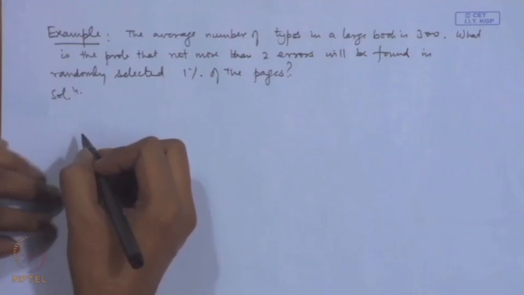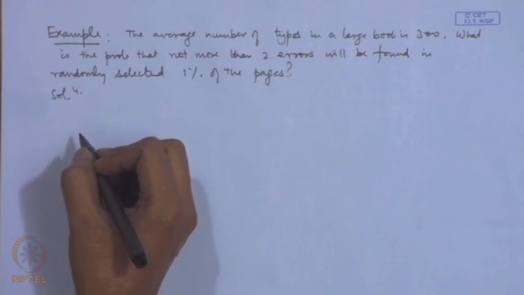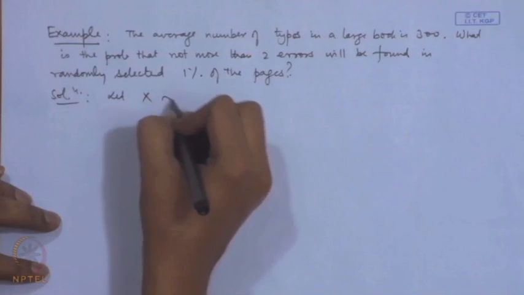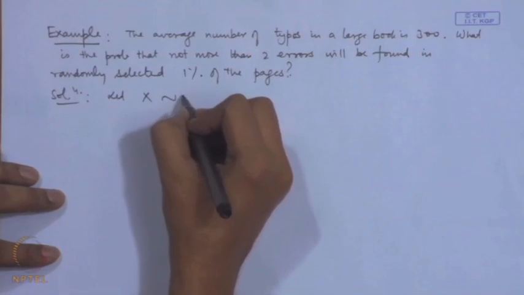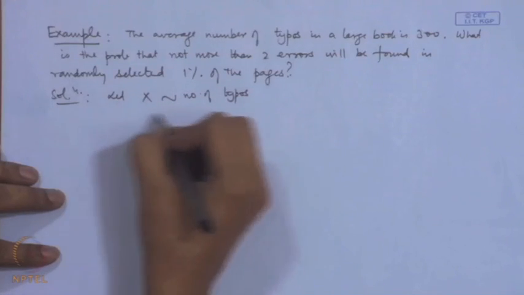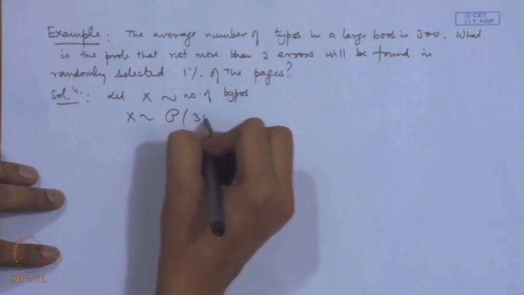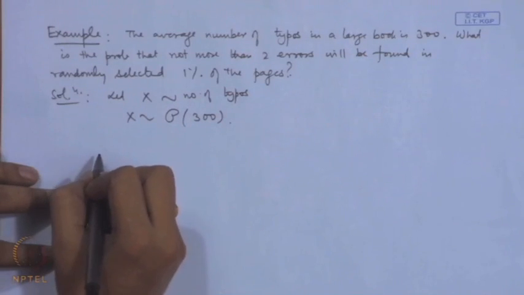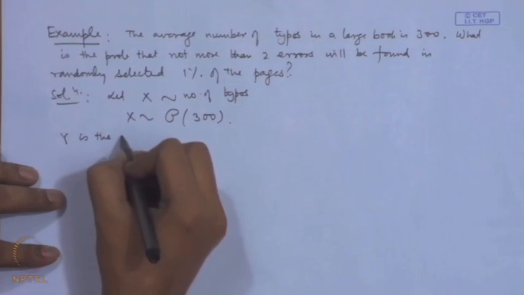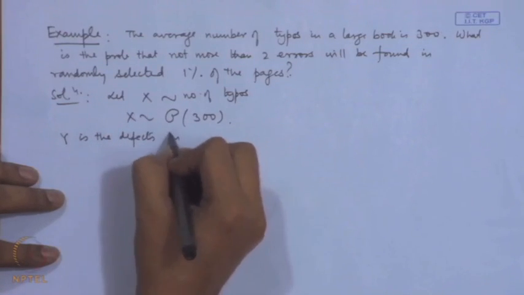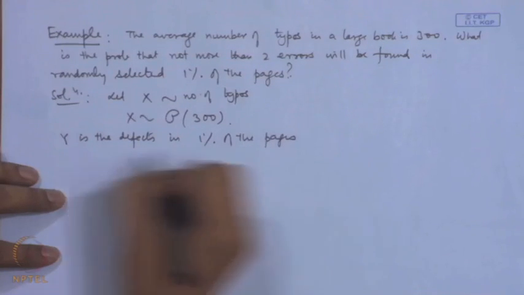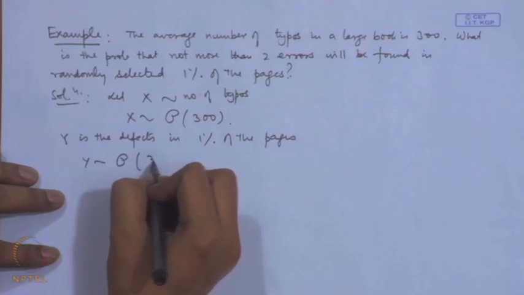Let us look at the solution of this. So, let us consider X to be the number of typos. So, X follows Poisson distribution with parameter 300. Now, Y is the number of defects in 1% of the pages. So, Y will follow Poisson 3.